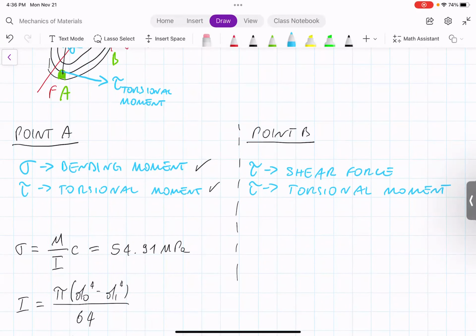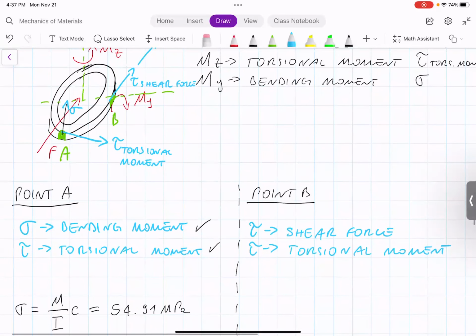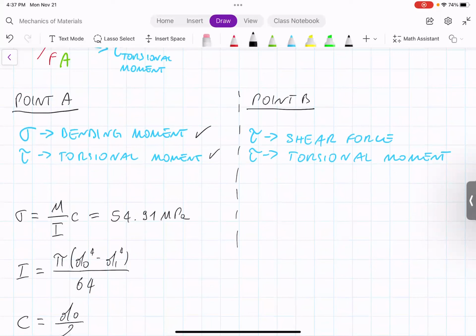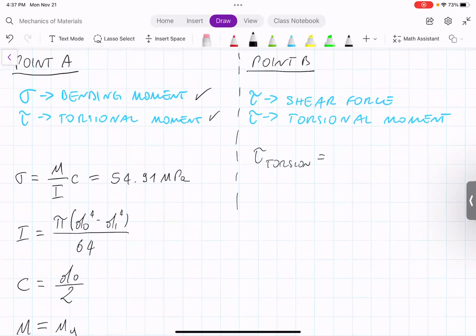So we can start by looking at the effects of the torsion, because basically the effect of the torsion will be the same as we had at point A. So we have that tau is the same value because both points are located at the edge, and we know that at the edge the stress will be the same in every location of the shaft.